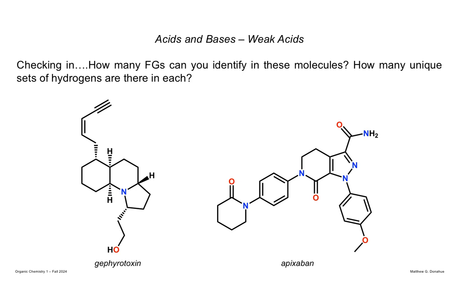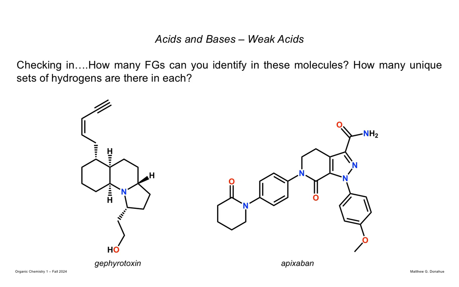So we've gone from acetic acid now to these two molecules, which are a little bit more complex, I think you would agree. And what's the issue? So gephyrotoxin was the alkaloid that was isolated from the skin of those little frogs.